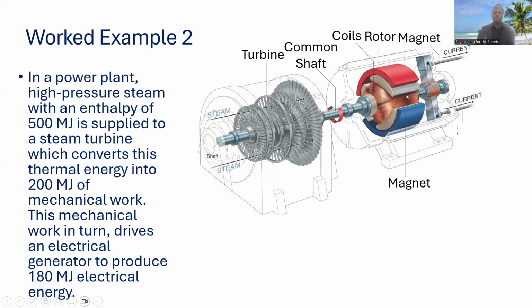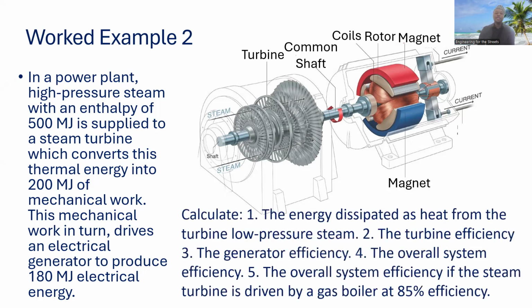Now the question goes this way. Calculate, number one, the energy dissipated as heat from the turbine low pressure steam that's on the other side. For instance, assuming the steam comes in here and exits from here after doing work, we are trying to find the energy dissipated as heat on this side.